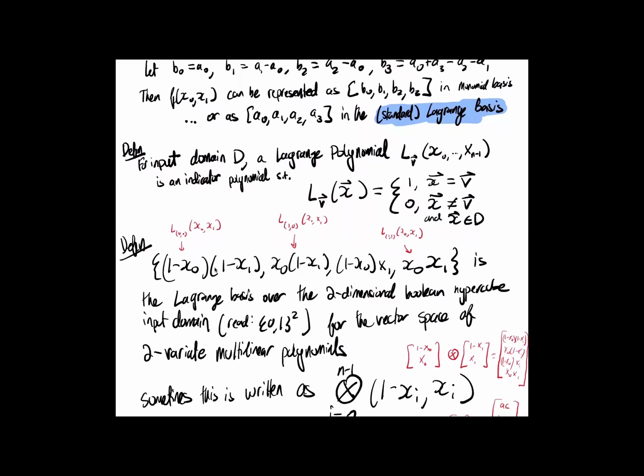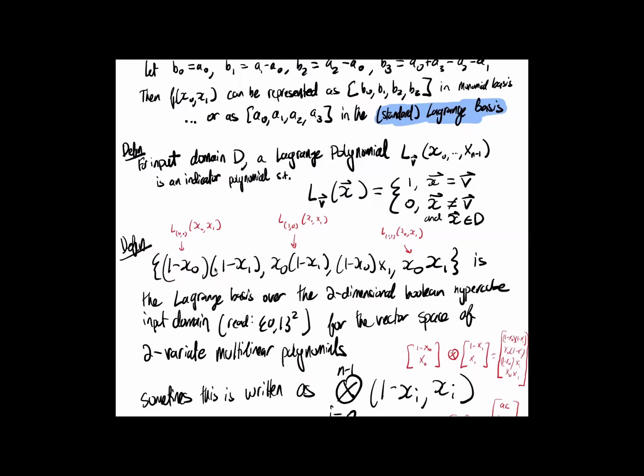Cool. So if we look at this, I said that this is a Lagrange basis over the two-dimensional Boolean hypercube input domain for the vector space of two-variable multilinear polynomials. And this here is exactly the Lagrange polynomial, the indicator polynomial for whether x0 and x1 are both zeros.